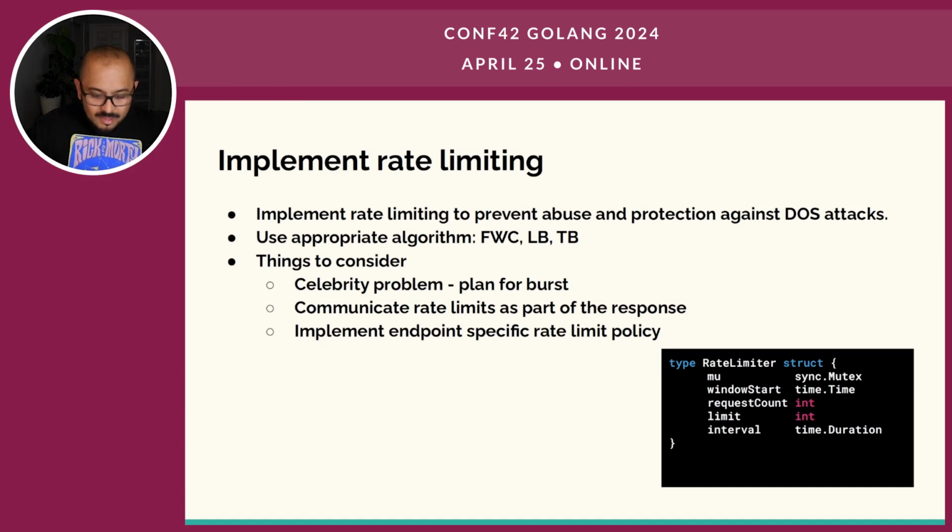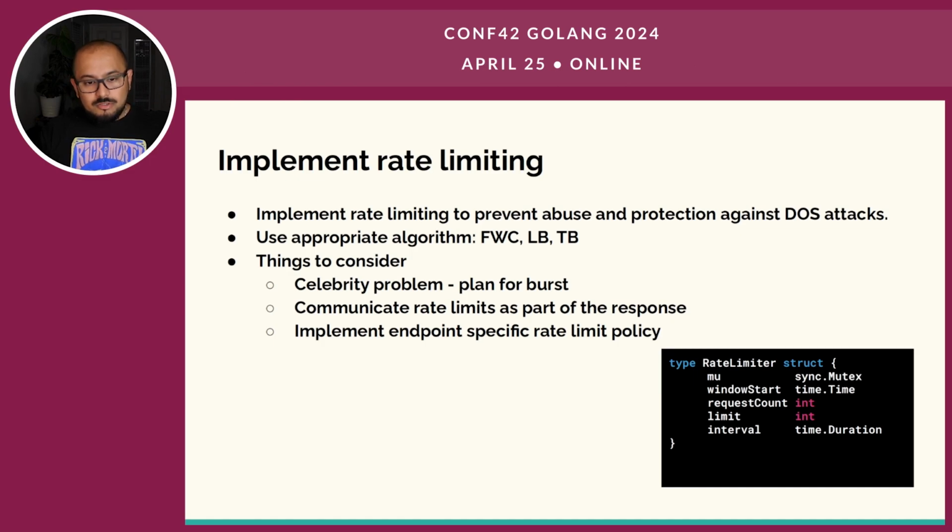So it's good to implement a rate limiting algorithm. There are different rate limiting algorithms like fixed window counter, leaky bucket, and token bucket. However, when implementing rate limiting, we need to consider a couple of things as well. One is we need to plan for bursts. There might be situations where a sudden surge of traffic might come, for example the celebrity problem.